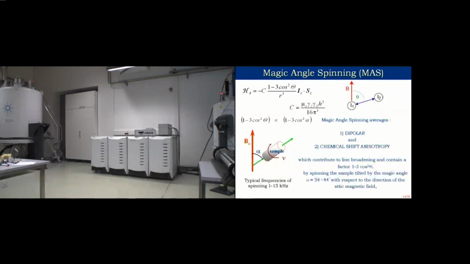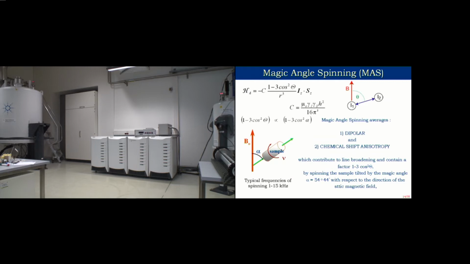And therefore, if we rotate the sample, which is our substance, at a specific angle, you remember the equation from the beginning with 3 times cosine squared theta, which after equating it to 0 gives us the theta value of 54.74 degrees.